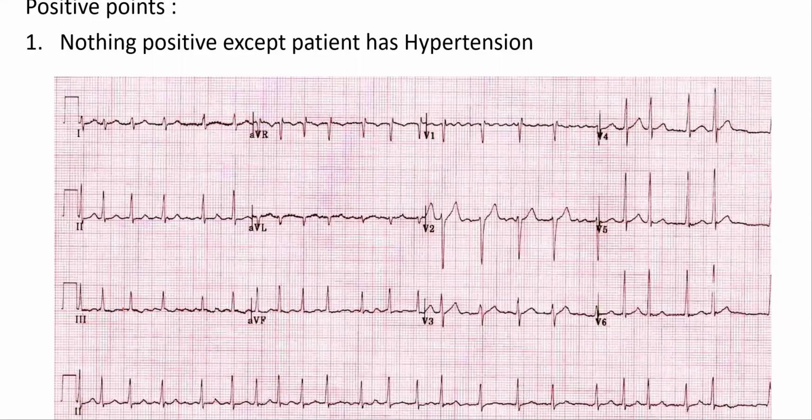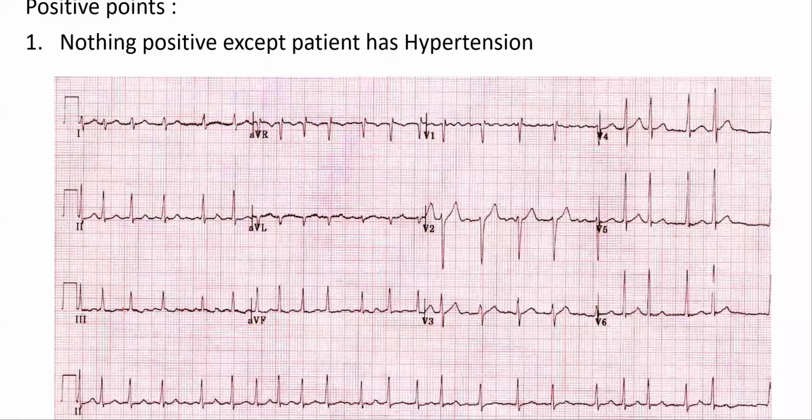Now, the history, physical examination, everything is the same, just like before. The positive finding could be nothing. In atrial fibrillation, it can just happen without any particular reason. But there are some underlying causes as well that we would like to rule out. What are the causes? Hypertension can be a cause.